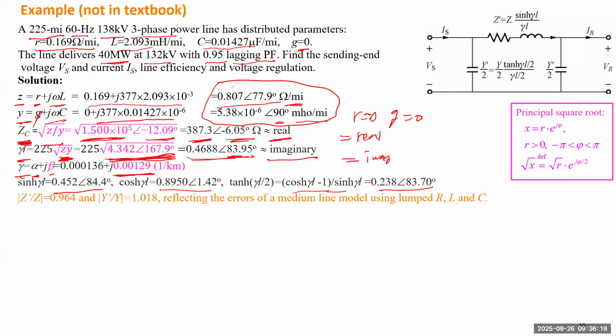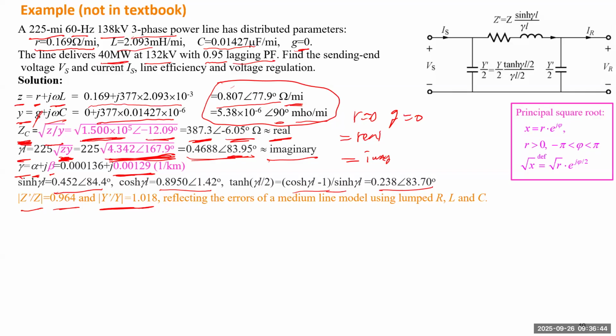So those two factors: the first is Z prime to Z. The ratio of Z prime to Z is 0.964, which means if we use Z, the actual Z, for the calculation, the error is about 3 to 4% for impedance. And for admittance, that ratio is even closer to 1.